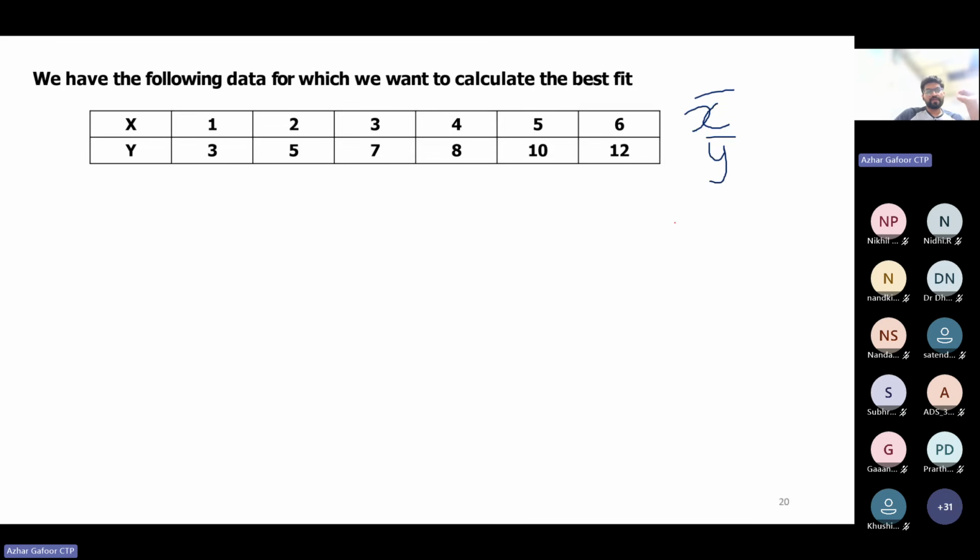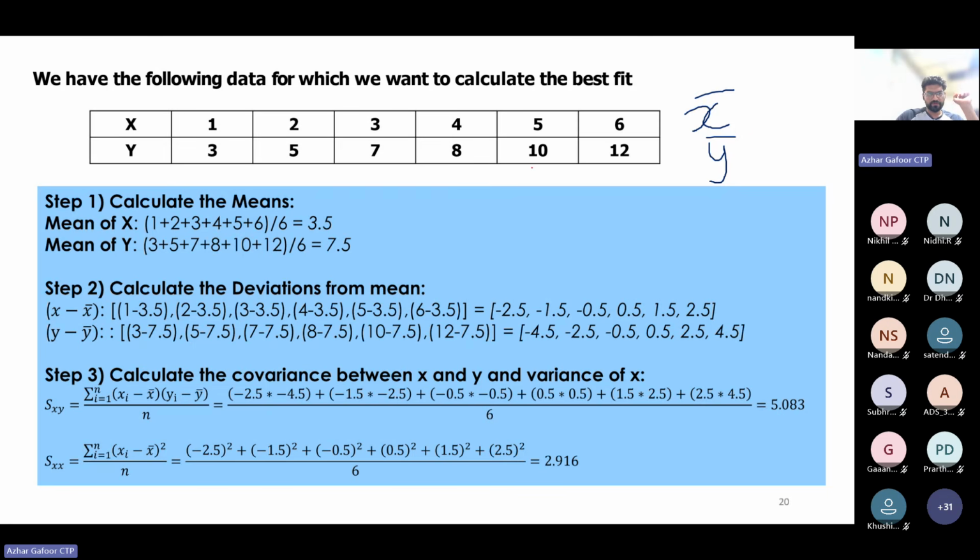And then we have to find x minus x bar whole square. So first we have to find the mean of x, then the mean of y. Then for each of these we compute x minus x bar, y minus y bar, with the means that we have found.